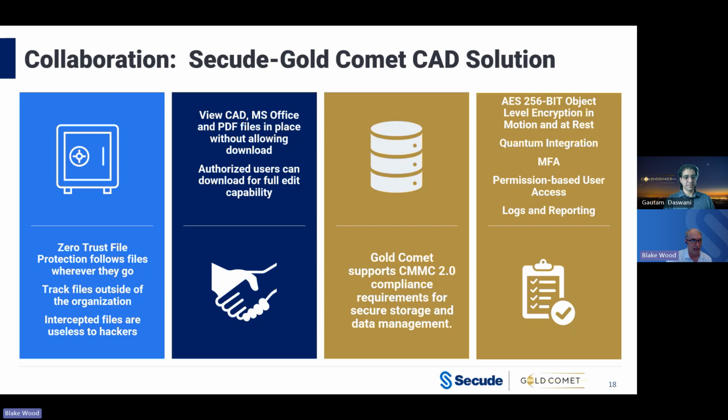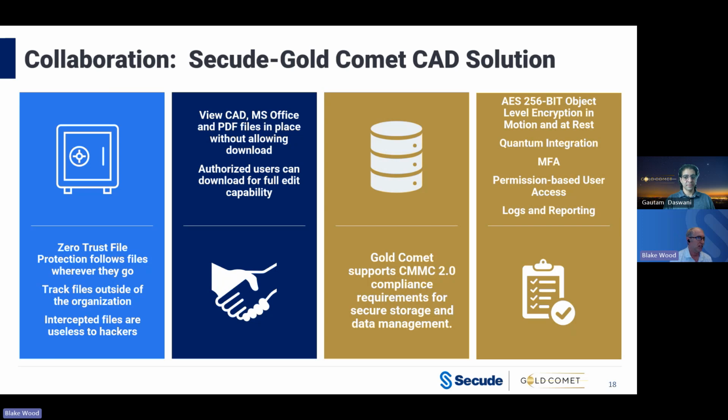But while it's being collaborated on, while it's in the Gold Comet environment, if you ever share that outside or leak that outside, it's useless to people that would come across that file. We can actually track the files, both within the organization, because we're using Microsoft Purview Information Protection.